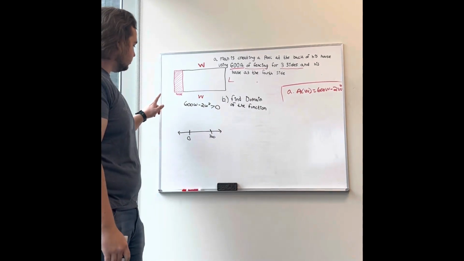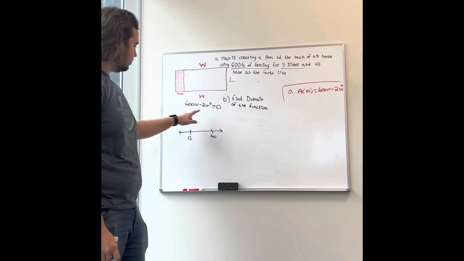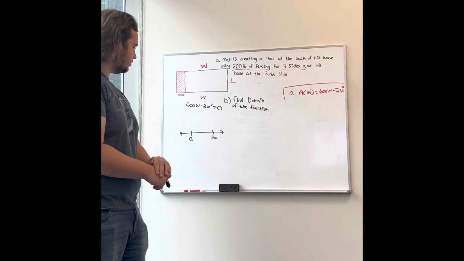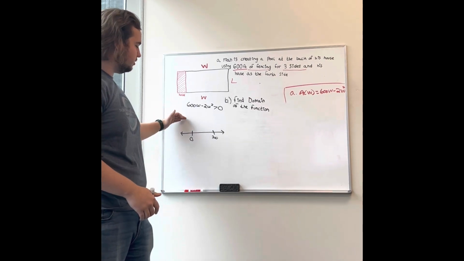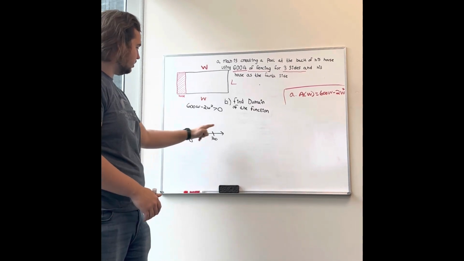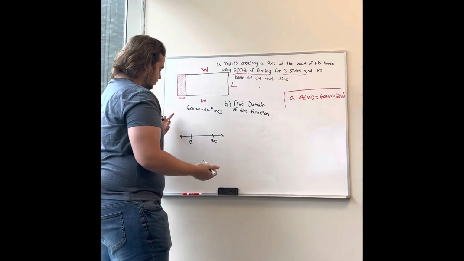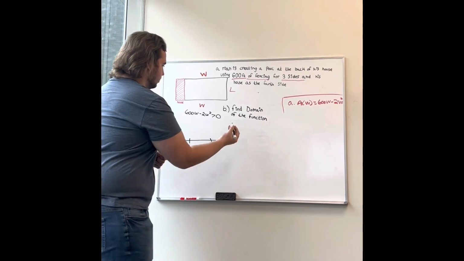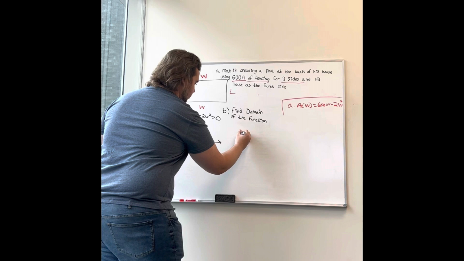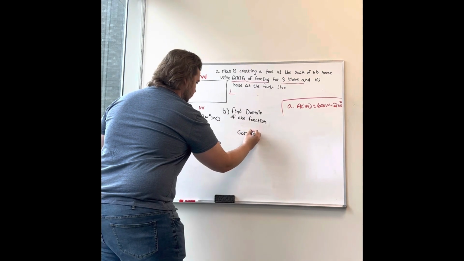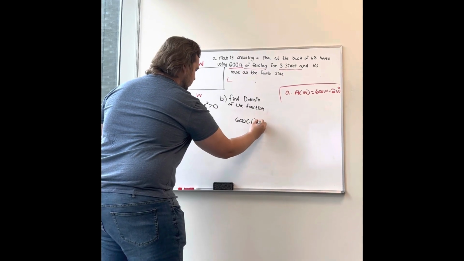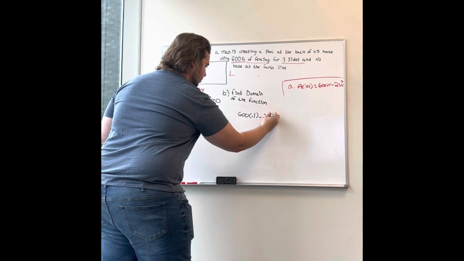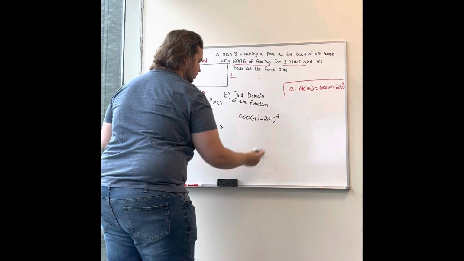Now I like to do testing points before, between, and after our zeros to see if it is above or below our number line. So we'll start with just -1. 600 times -1 minus 2 times -1 squared.